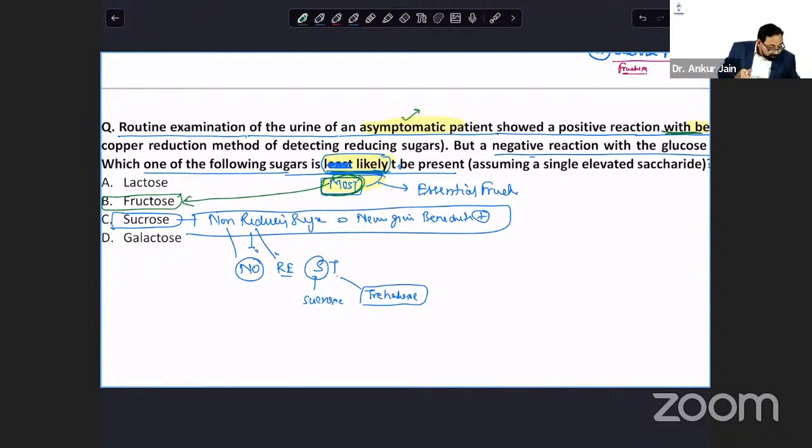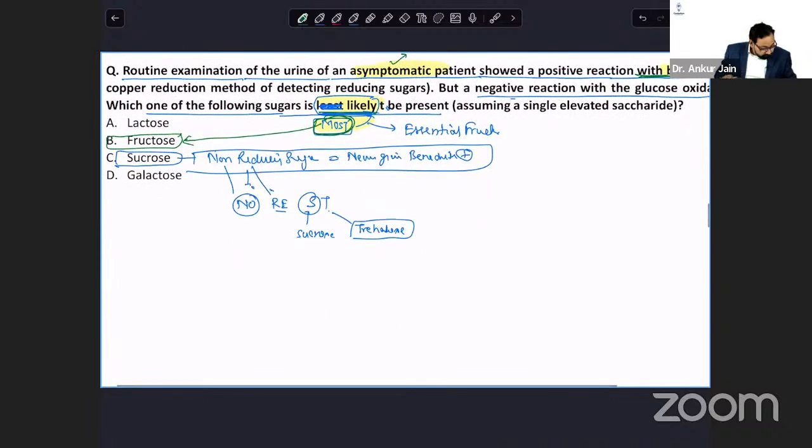In galactosemia, the Benedict test would be positive, so there are chances that galactose is there. Actually, this question is not based on the metabolic disorder. It's based on the reducing and non-reducing property.